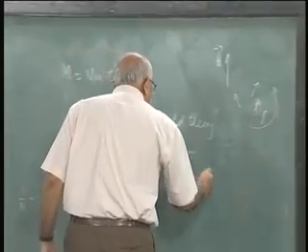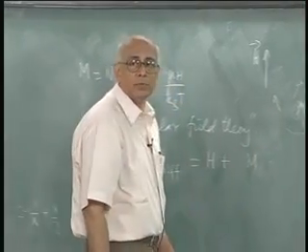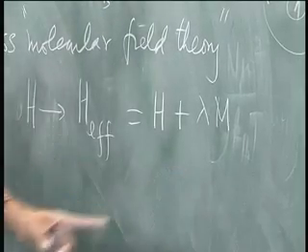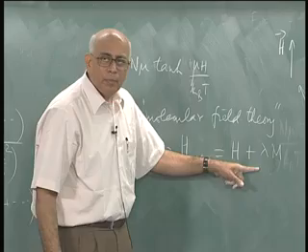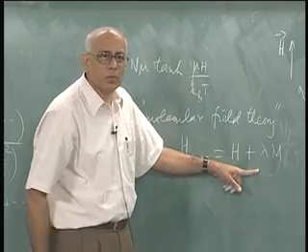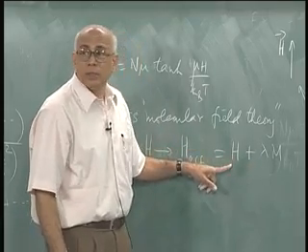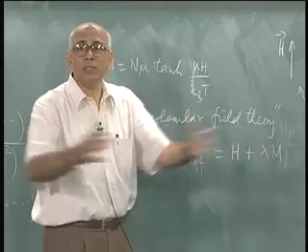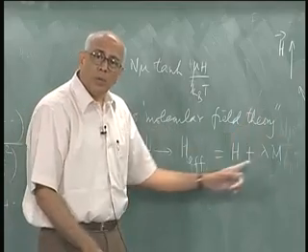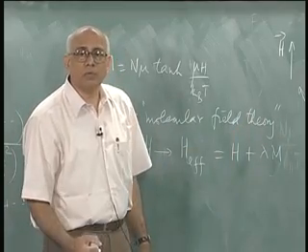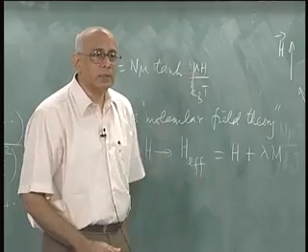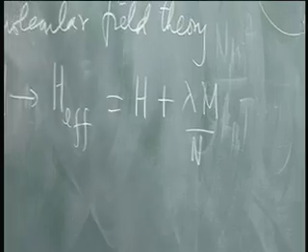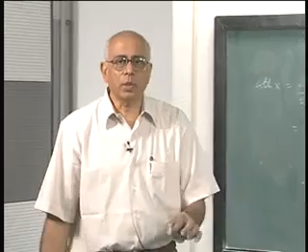So there is a portion which goes like m itself, multiplied by some constant lambda, but you have to be a little careful in doing this. I would like this lambda to be some constant of order unity, which can be evaluated, but H is an intensive quantity, applied from outside. The m is an extensive quantity. If I increase the size of the system, m increases. So I must normalize this m to the magnetization per unit volume, or better still per unit magnetic dipole moment. So let me call it m over n, merely to make it an intensive quantity like H itself.